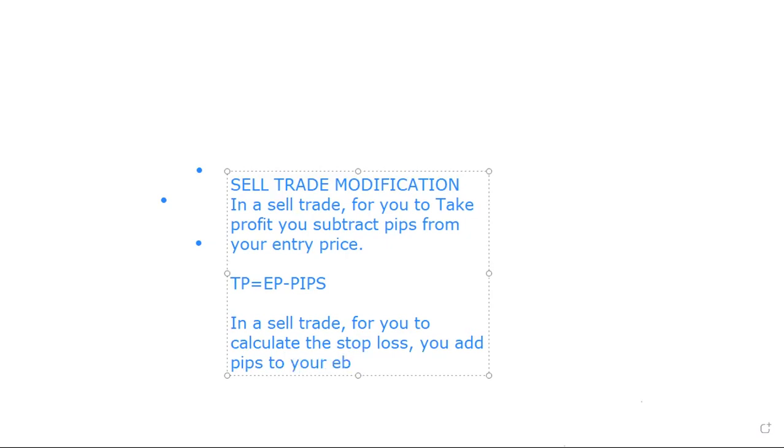Full stop. It's just the opposite. So meaning if I'm supposed to be making profits when it's going down, when I'm selling, if it's now going up, that means it's in loss. That's why we are adding to it. Do you understand the difference?